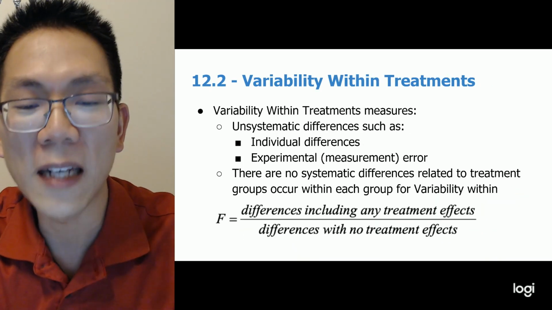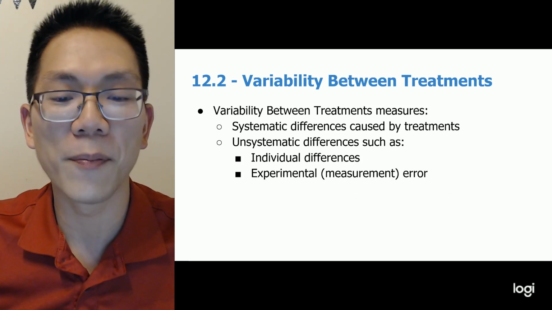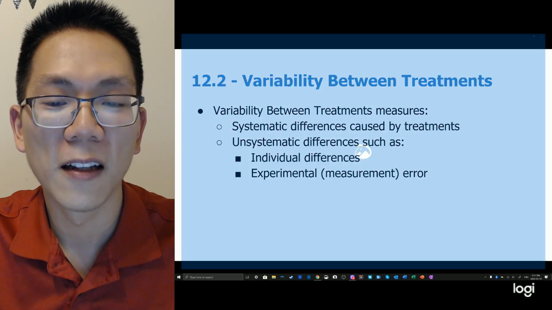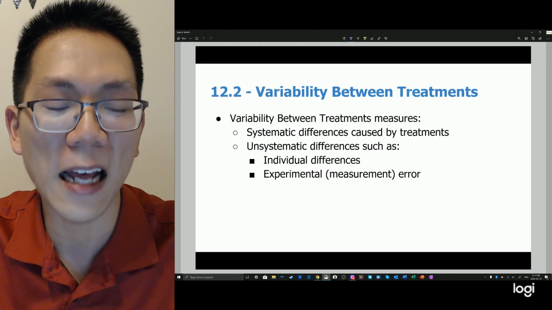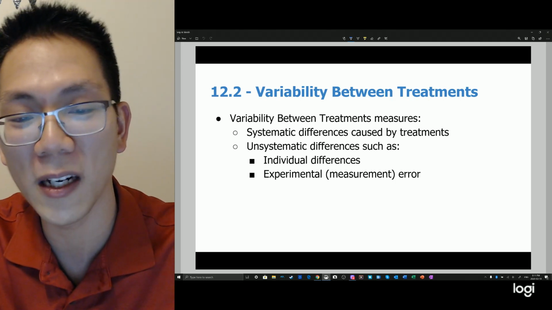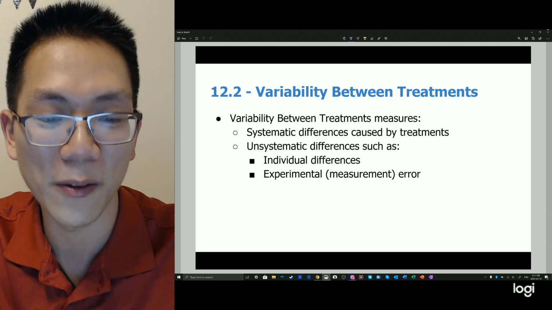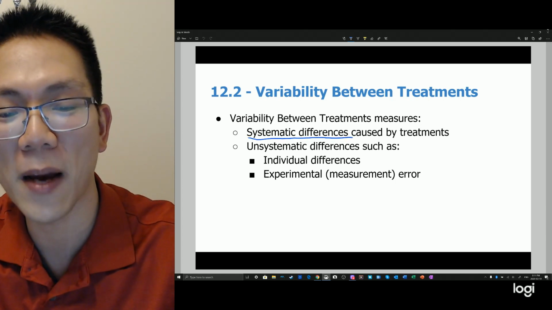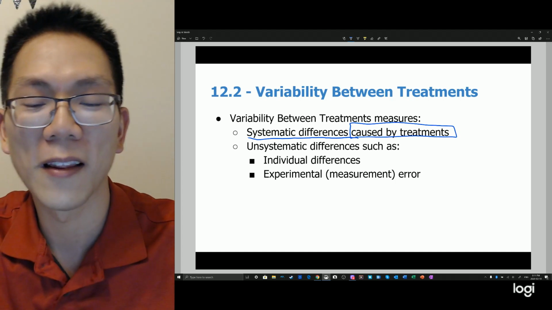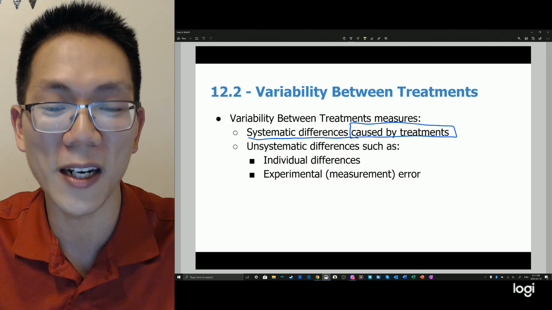So the next couple slides look at between and within variance in a bit more detail. By now, between treatment variance, or variability, starts to make sense to you. Here again, it's the systematic differences caused by treatments. Remember those lines across the distributions that show you differences between them.